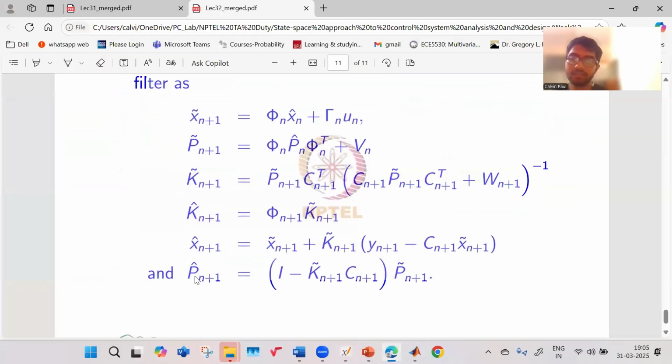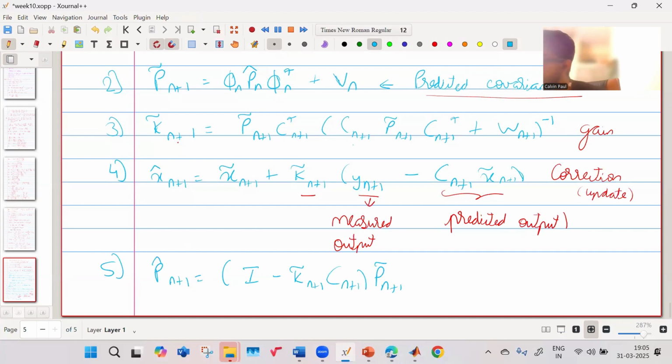This is the updated variance matrix. This is the updated covariance matrix.